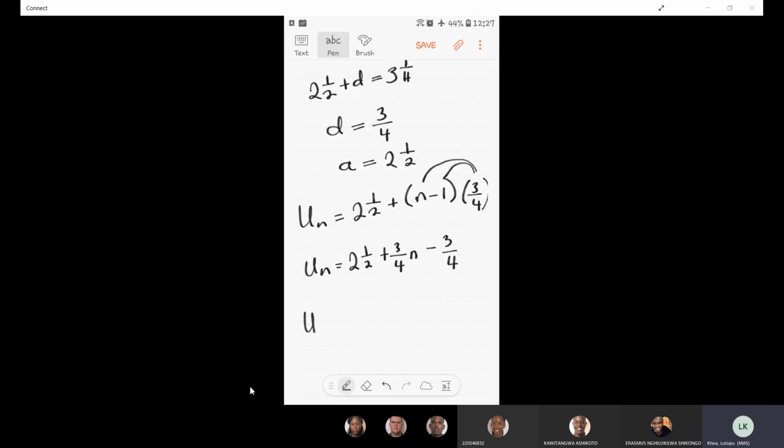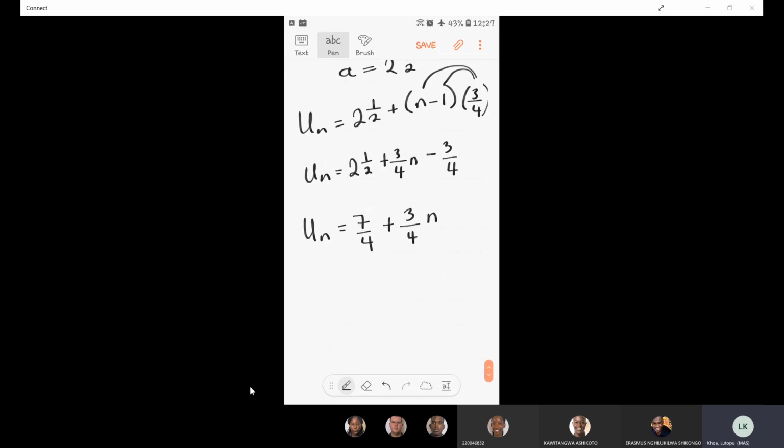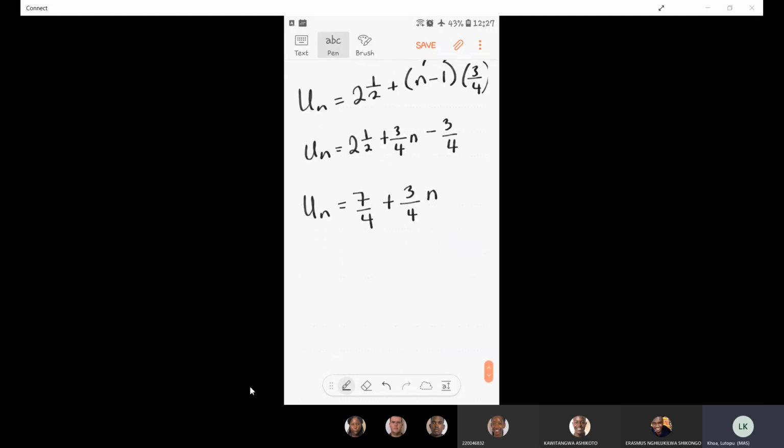You have UN, 2.5 minus 3/4, that is 7/4, or 1 3/4. That's 7/4 plus 3/4 times n. And now the term we're interested in is the 100th term. So I look for U100. This is 7/4 plus 3/4 times 100.